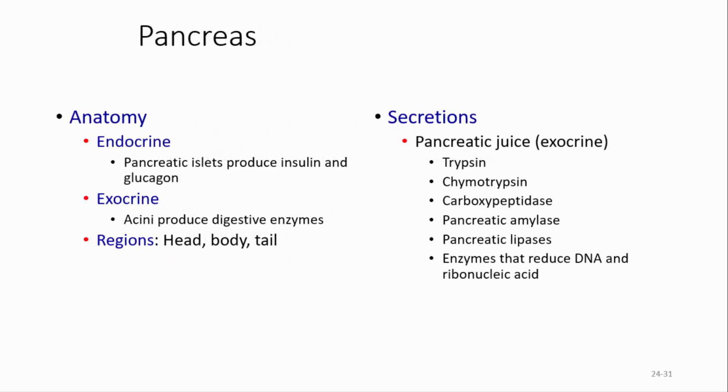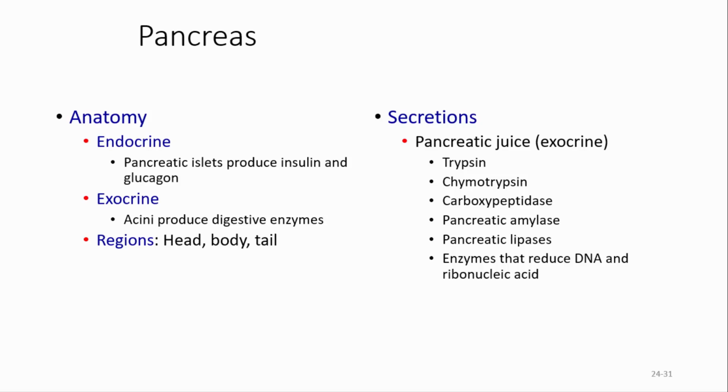Okay, the pancreas. Pancreas is, you get two glands for your money. It's endocrine, it's exocrine. The endocrine function, again, we have the islets of Langerhans, or pancreatic islets, and that produces insulin and glucagon. Insulin, again, lowers blood sugar. Glucagon raises blood sugar.